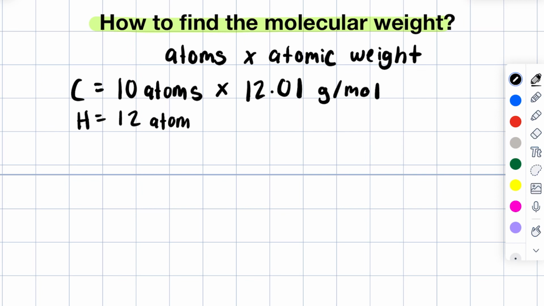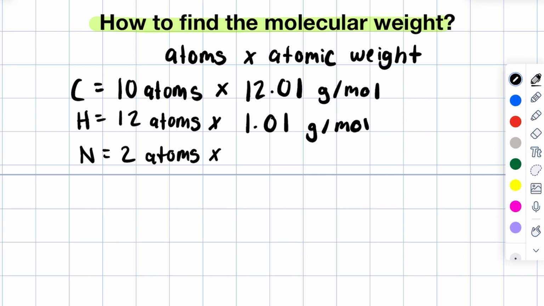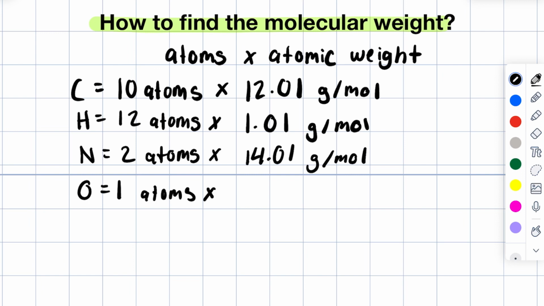We're going to be timesing that by 1.01 gram moles. For nitrogen, we have 2 atoms. We're going to times that by 14.01 gram moles. And lastly, oxygen, which is 1 atom, we're going to be timing that by 16.00 gram moles.